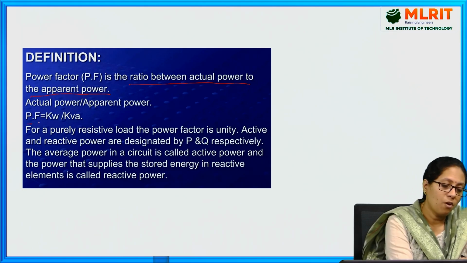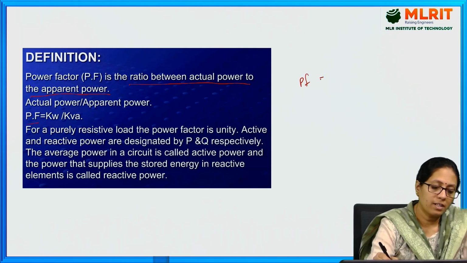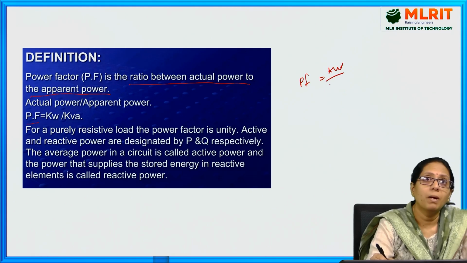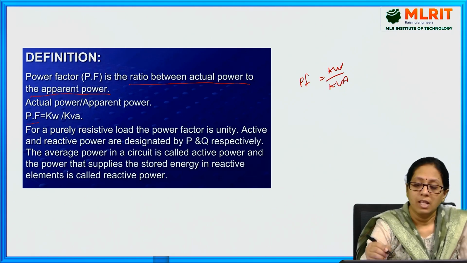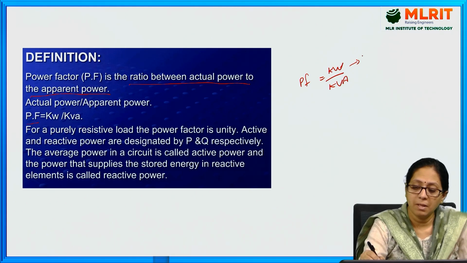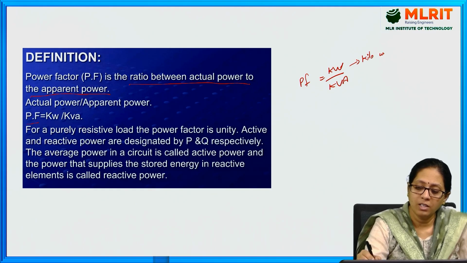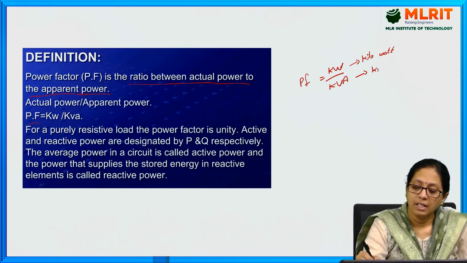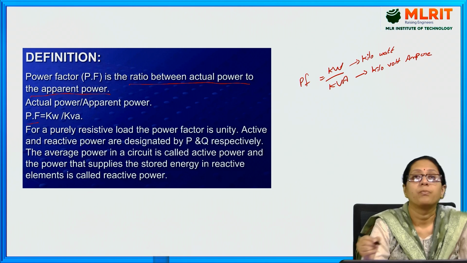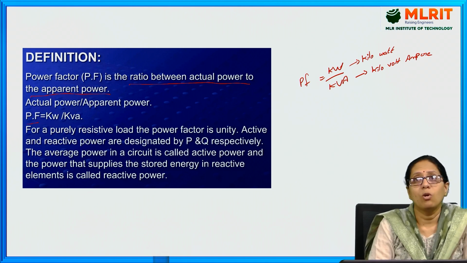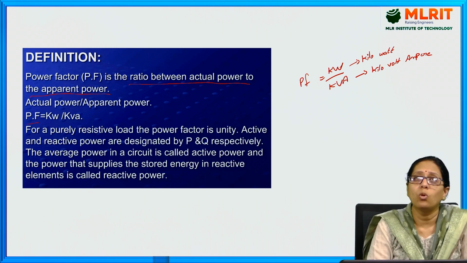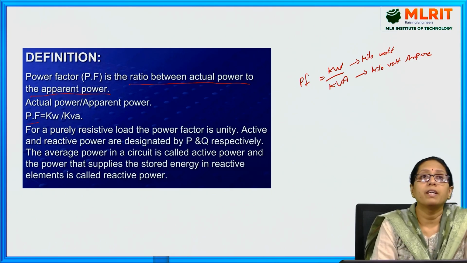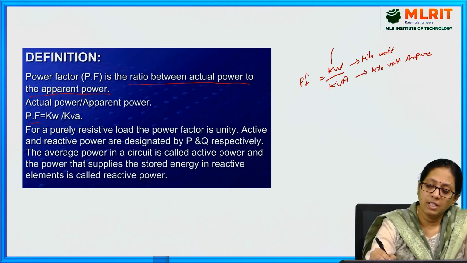Here you can see the formula: power factor is equal to kW by kVA, where kW is kilowatt and kVA is kilovolt ampere. So power factor is the ratio of these.